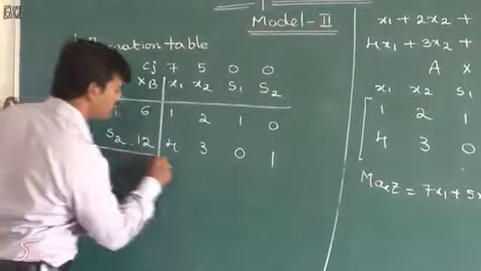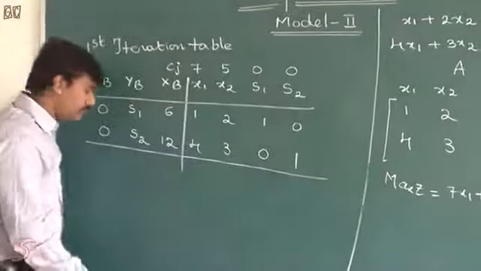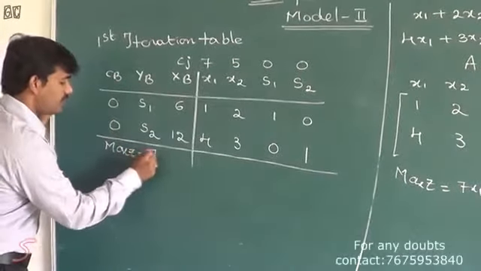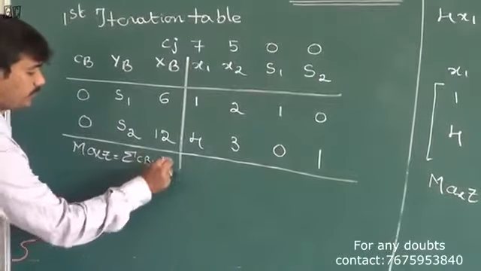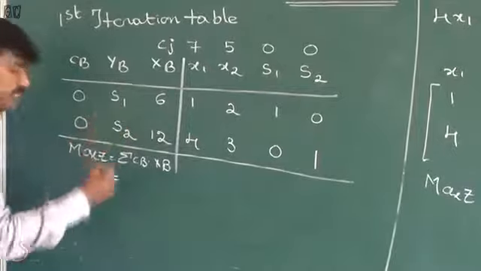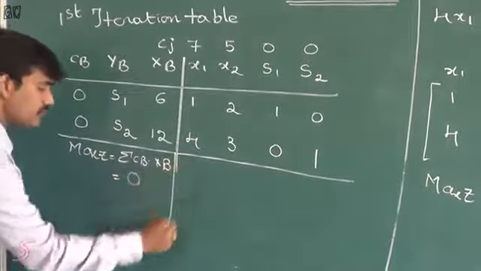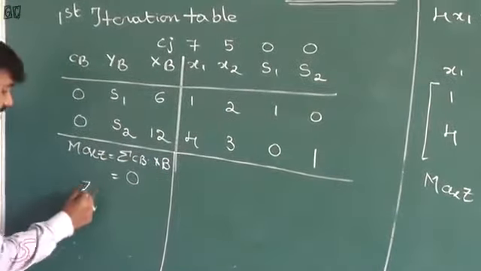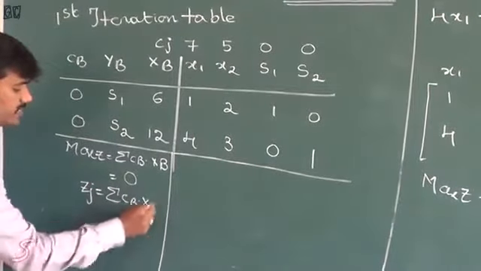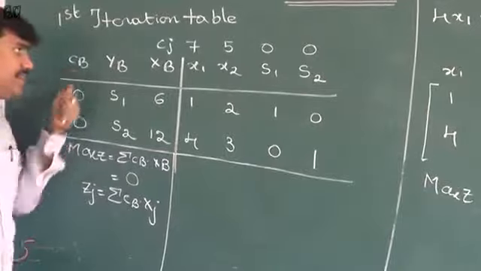After that, we have three important formulas. The formula for maximum of z is the summation of CB into XB, that equals 0 into 6, 0, plus 0 into 2, obviously 0. Obviously maximum of z equals 0. After that, the formula for Zj is the summation of Cb into Xj. I multiply the Cb values with Xj.